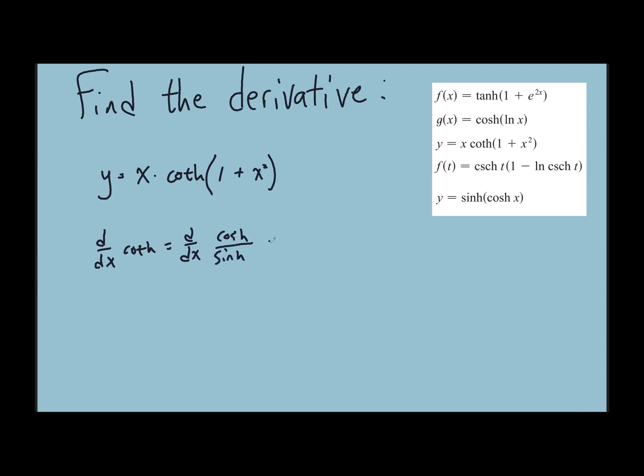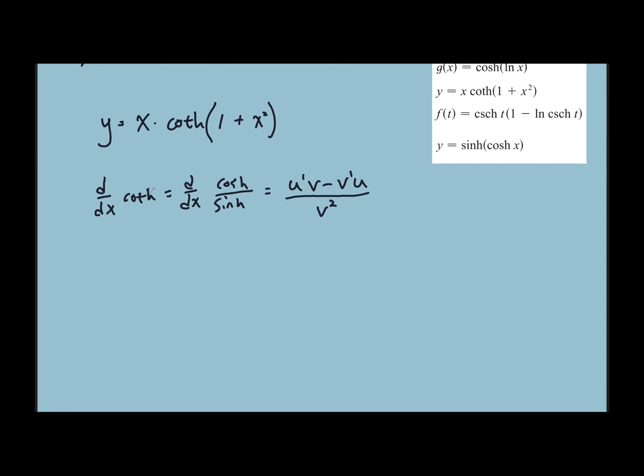It should be fast because they're each other's derivative, and that'll be u prime v minus v prime u over v squared. What rule is that? It's the quotient rule, because we have a function divided by a function here. It actually isn't that complex. So u prime, well, the derivative of hyperbolic cosine is hyperbolic sine.